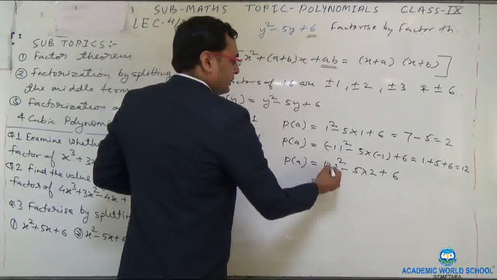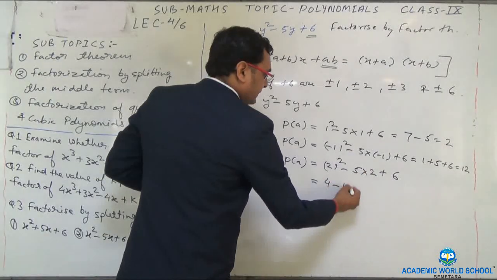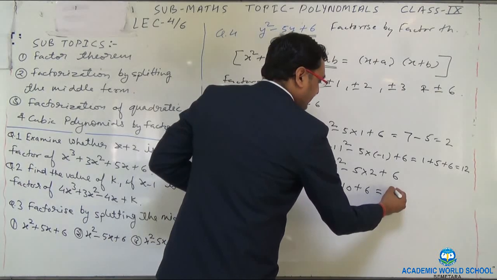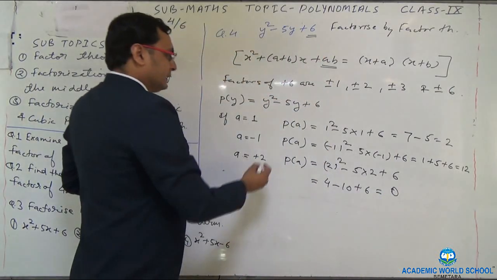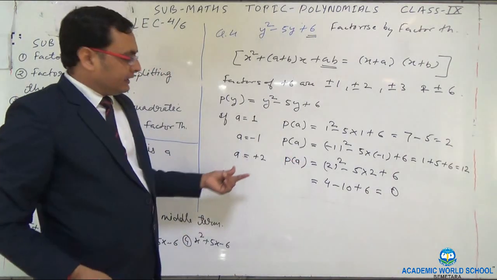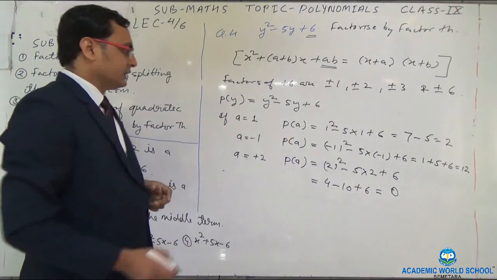Solve this. 2 square is 4 minus 5 into 2 minus 10 plus 6. 4 plus 6 is 10. 10 minus 10 is 0. Here P(a) is equal to 0.